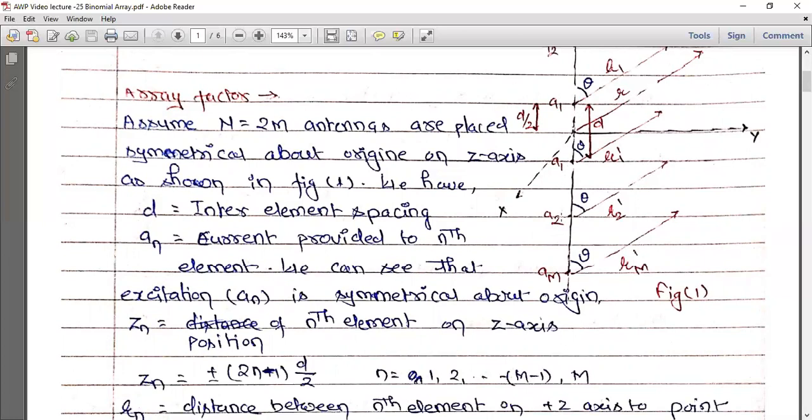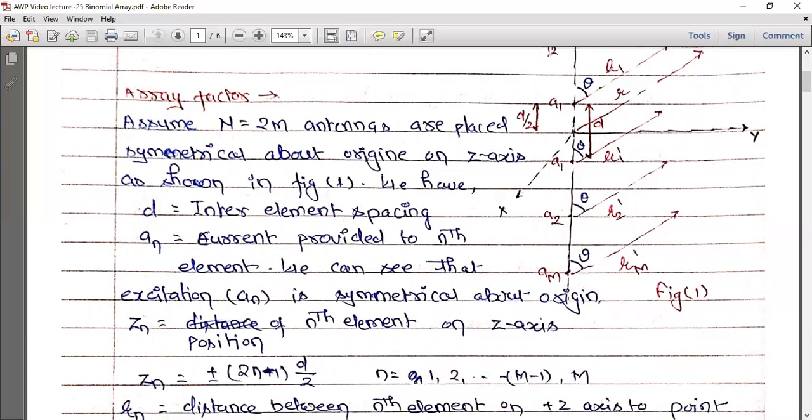Similarly, for A2, Z is equal to minus 3d by 2. For the Mth element, the position will be Z equals minus (2M minus 1) d by 2. So if the first element is at a distance of d by 2, the second is at 3d by 2, the third is at 5d by 2, and so on. We can easily generalize that the nth element will be placed at (2n minus 1) d by 2.